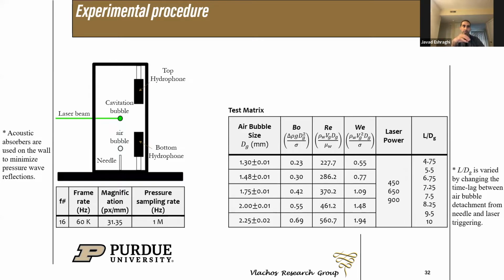We record the dynamics of both cavitation and air bubbles using a high-speed camera. The far-field pressure is also recorded using 2 hydrophones. And we also vary the relative distance between the 2 bubbles by using a photodiode detector to delay the cavitation inception. The table on the right shows the range of each parameter and some dimensionless parameters as well.